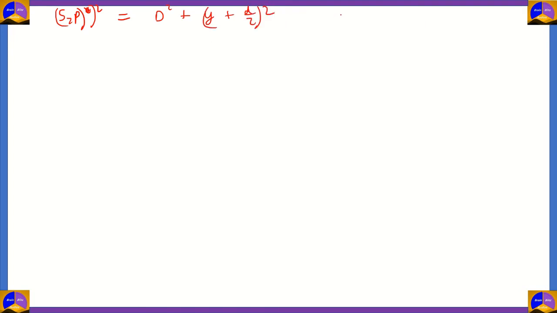That is according to the Pythagoras theorem. Let's consider this as equation 1.